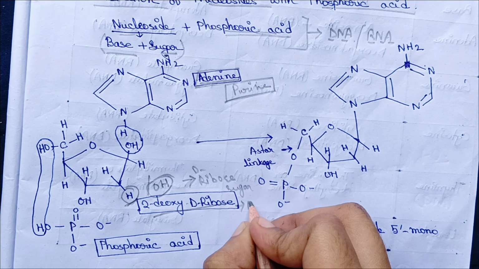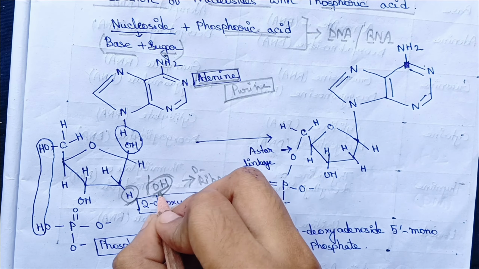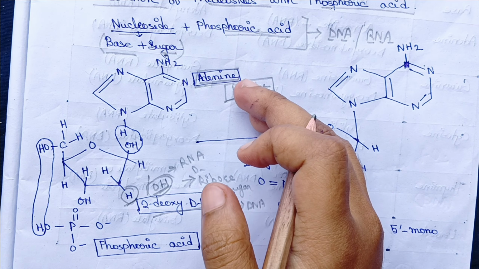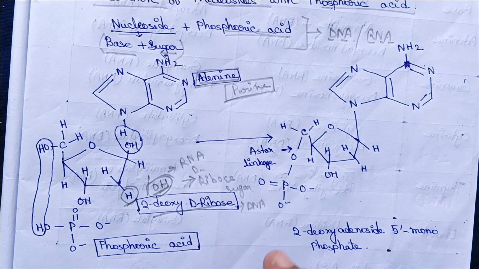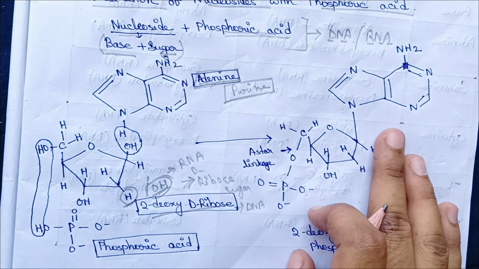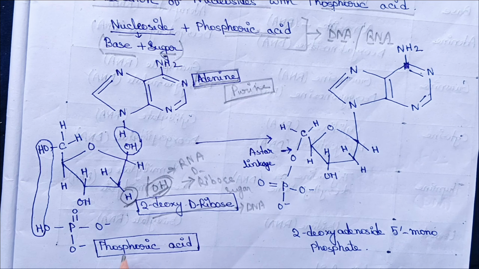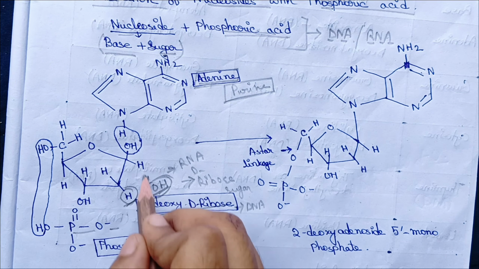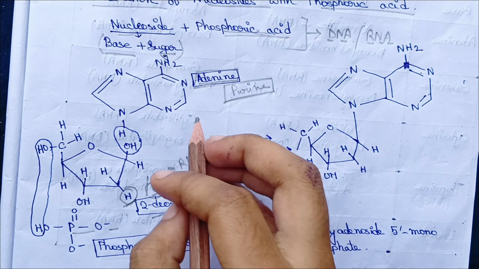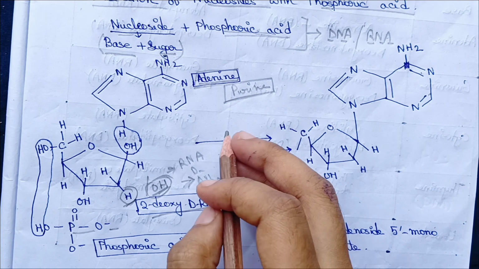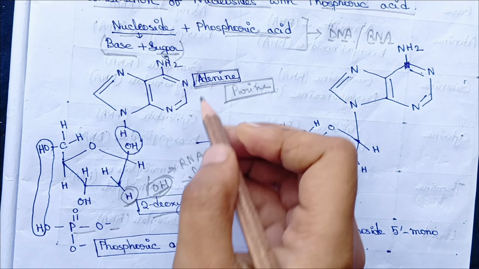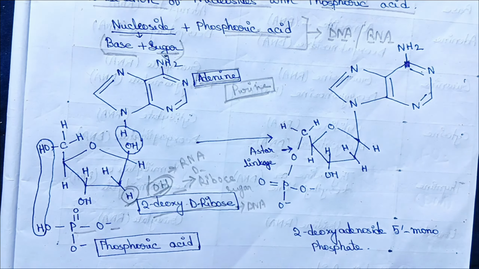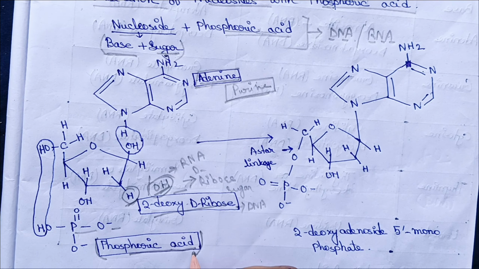It is called DNA, and if it has an OH group, it is called RNA. But otherwise the structure is the same in DNA and RNA. So here is a phosphoric acid which can attach with a sugar molecule. In the nucleoside, the base is attached with the sugar, and in the nucleotide there is also a phosphoric acid attached.